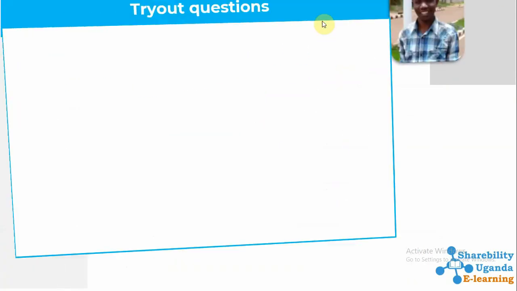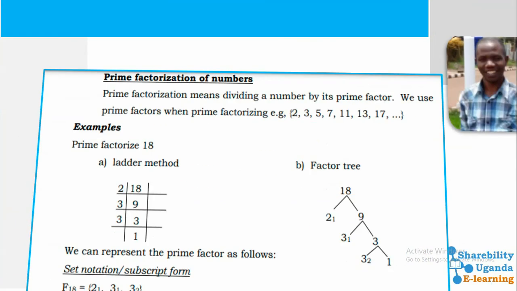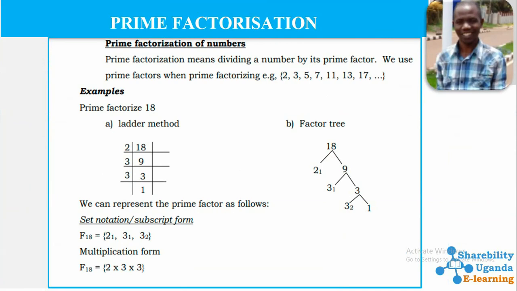First of all, for us to be able to look at these numbers of prime factorization, we have to understand what prime factorization means. Prime factorization means dividing a number by its prime factors.